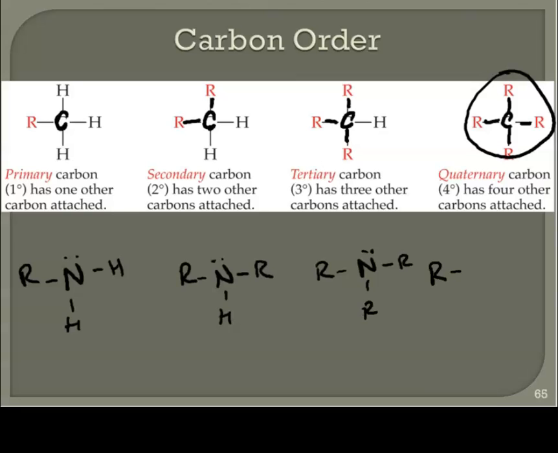And you can also have a quaternary nitrogen, but that means that it had to have given up one of the lone pair of electrons, and so then it's going to be positively charged. Quaternary nitrogens are always positively charged.